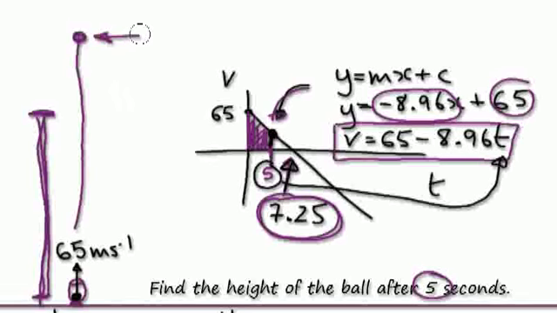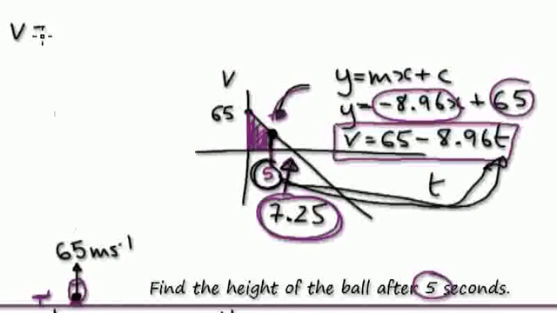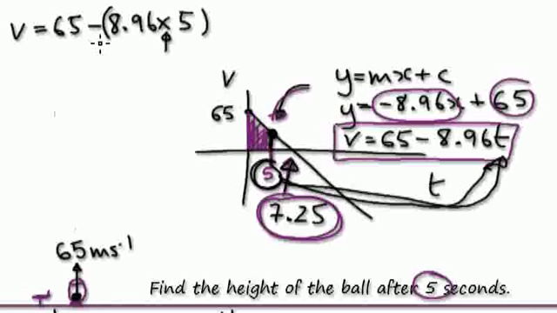So we need to know this point here, so we put the 5 into our formula. v equals 65 minus 8.96 times 5. Remember, you have to do the multiplying first, before taking away.